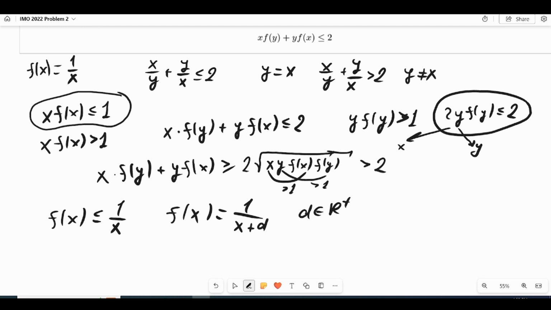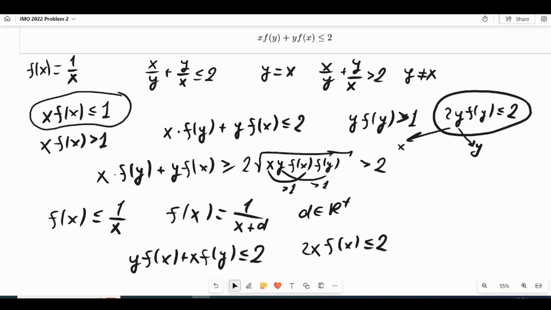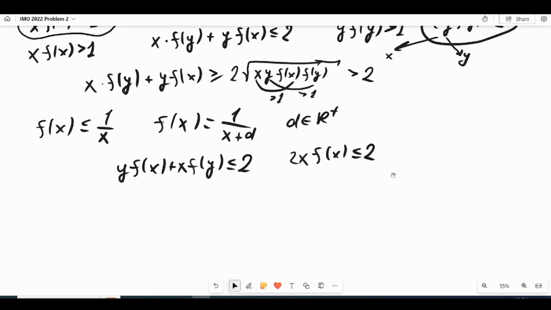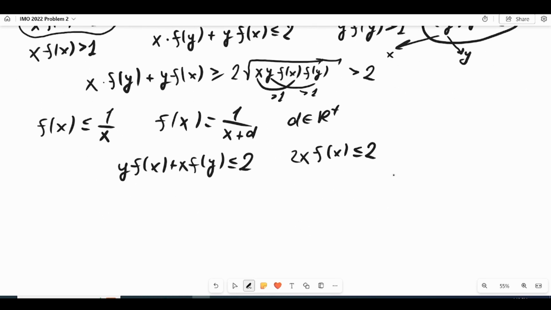For x, if we manage to find another number y such that y times f(x) plus x times f(y) is less or equal to 2, then we get the contradiction, because we know already that x times f(x) plus x times f(x), 2 times x times f(x), is always less or equal to 2. And now look at how we can find y. We can easily notice that this function must be decreasing, otherwise we get the contradiction that there will be unique numbers for x and y.